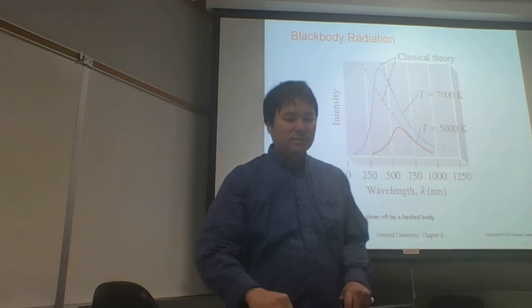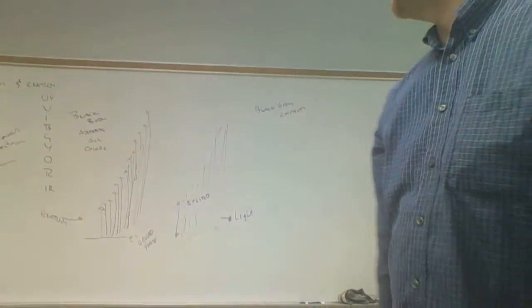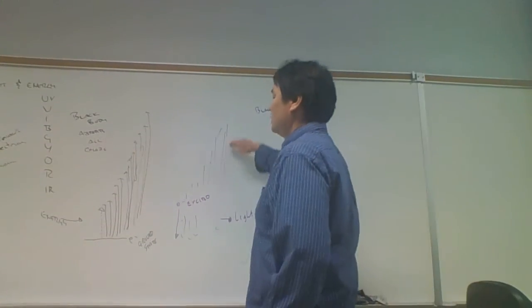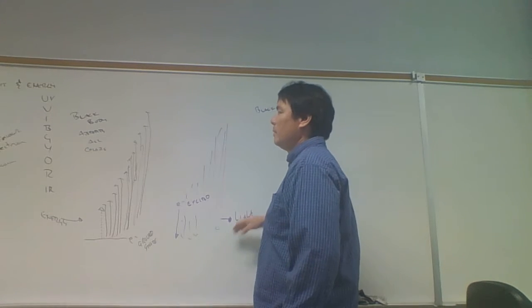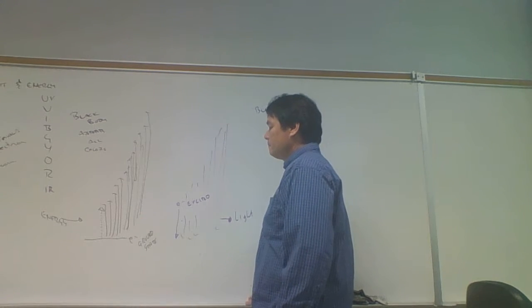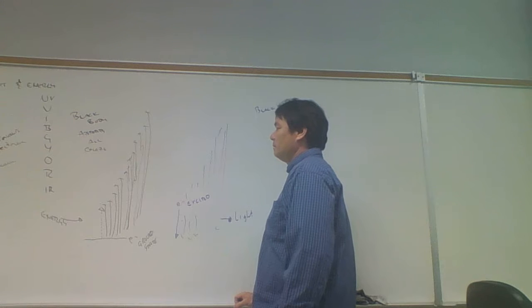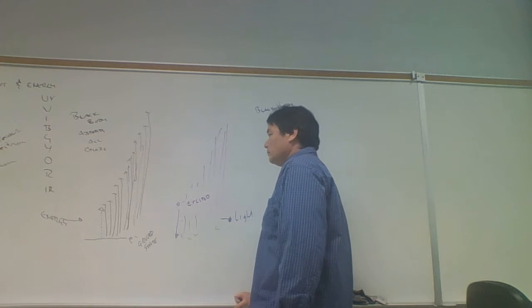The UV catastrophe was that the emission in the UV wasn't as predicted based on exciting the electrons and letting them drop back down from the excited state to the ground state.